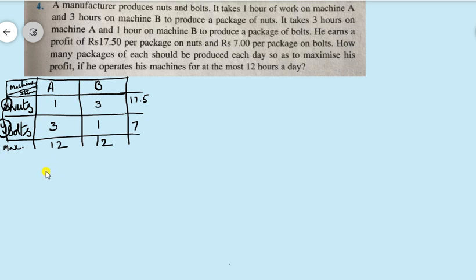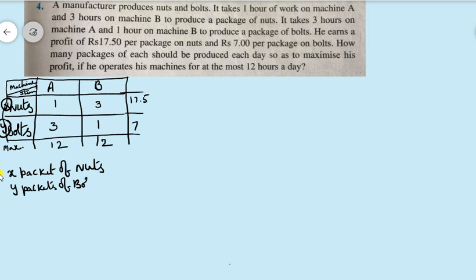Okay, now observe here, for 1 packet of nuts, machine A is working 1 hour. For 1 packet it is working 1 hour, means for X packets it has to work X hours. So I am assuming the manufacturer is producing X packets of nuts and Y packets of bolts.